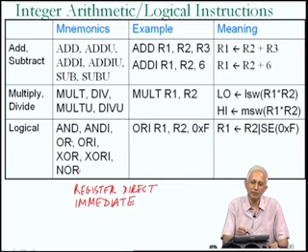So we see an example of an add instruction which takes all its operands out of registers first. Add R1, R2, R3. So it takes its two source operands out of R2 and R3, does the addition using a signed integer adder, and puts the result into the destination register R1, as indicated in the meaning on the right.